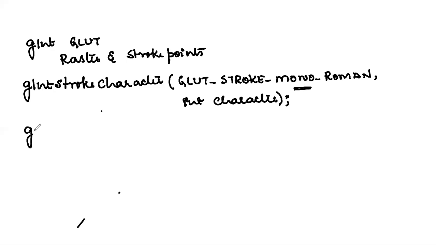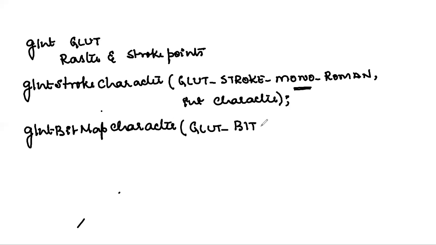Then the second one available is glutBitmapCharacter. The arguments that it takes are GLUT_BITMAP_8_BY_13, and then which character you want to write. This is for representing the bitmap character.